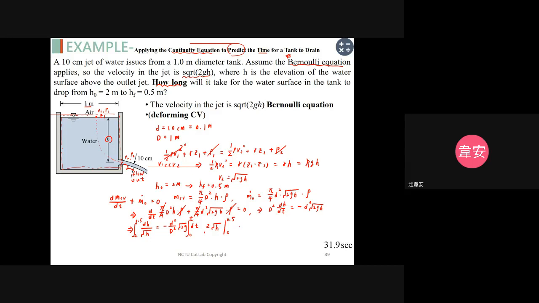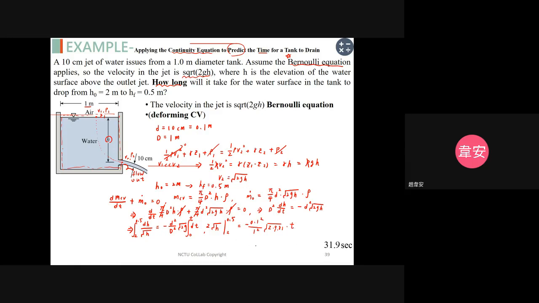It is equal to minus small d, which is 0.1, squared, divided by capital D, which is 1 meter here, times root 2g, where g is 9.81, and we do the integration, so this only has the t parameter.